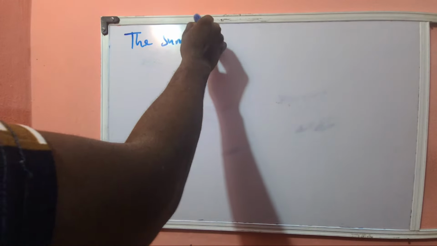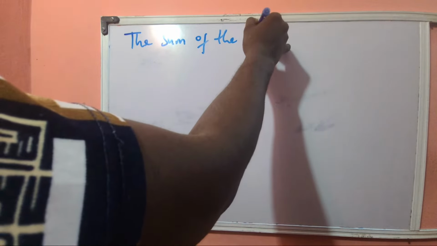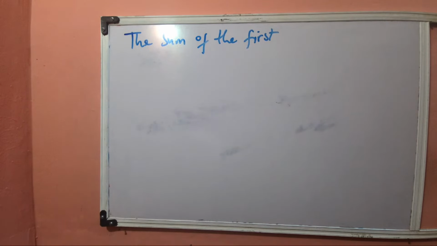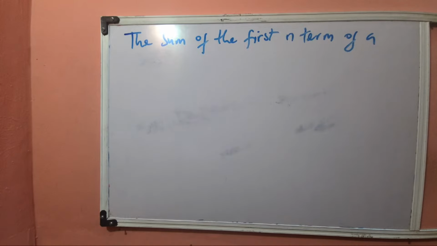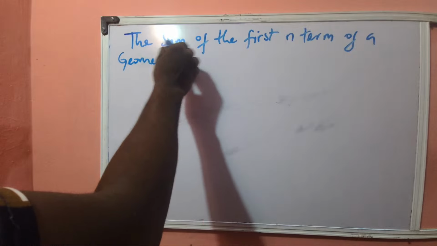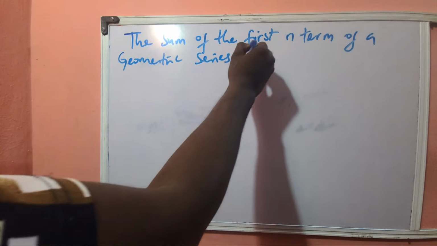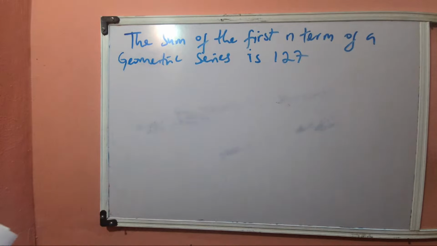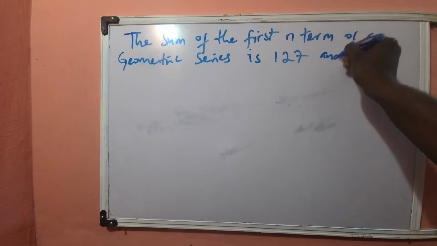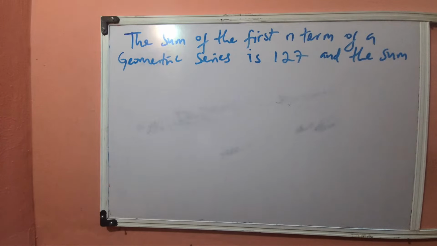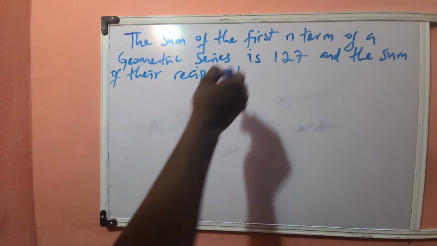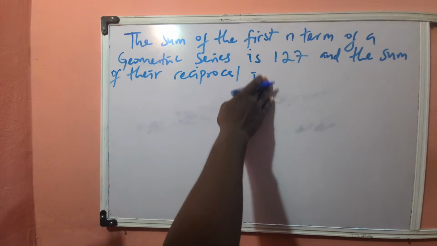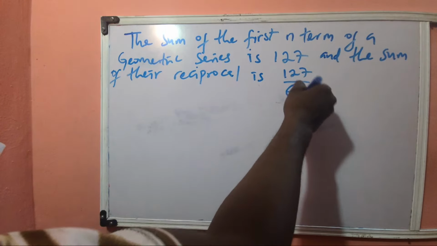We have the sum of the first n term of a geometric series is 127, and the sum of their reciprocal is 127 divided by 64.